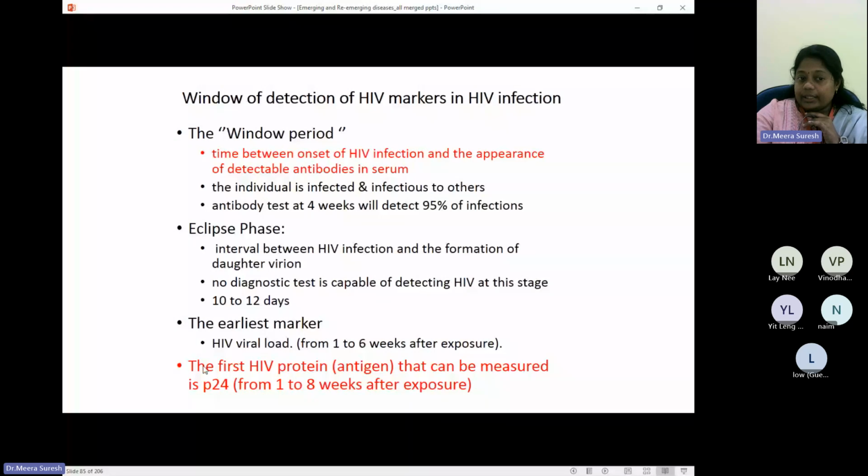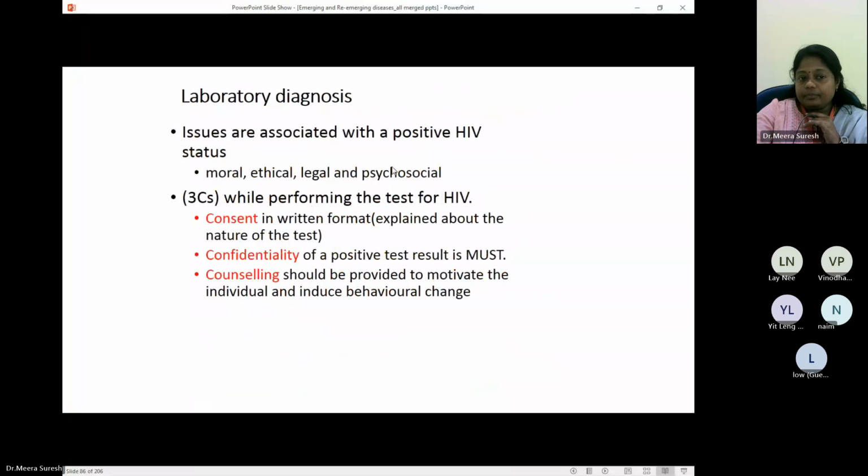That's what I told initially. After the exposure, the person got the infection. Within weeks, we can diagnose the presence of antigens. But usually, physicians casually take it as a viral fever, and mostly we can miss that diagnosis.